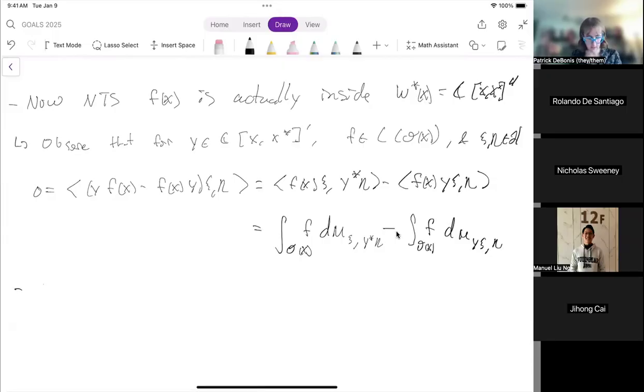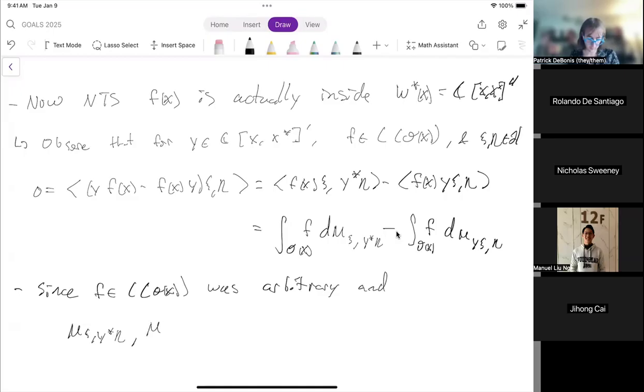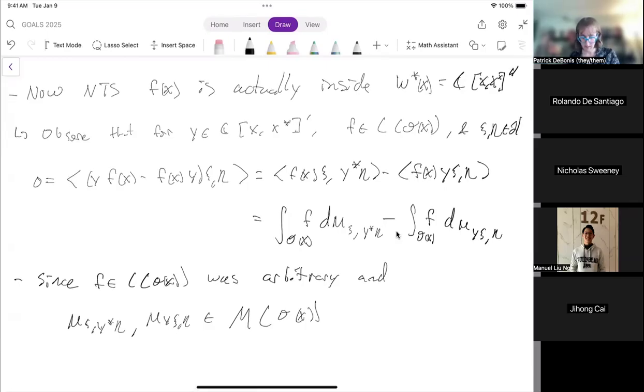The point is that since we started with an arbitrary continuous function on the spectrum, both of these measures, the one with y star eta and the other, are in the space of regular Borel measures on the spectrum of our element, which is the dual of the continuous functions there.